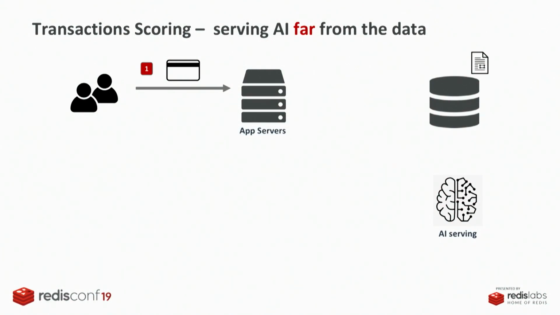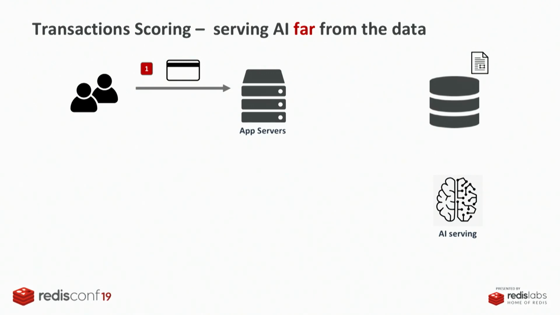Yes or no, right? Now, what happens under the hood is that the transaction goes to an app server, and the app server uses two resources. The first one is a database which hosts all the profiles: users' profiles, merchants' profiles, geographic profiles, et cetera.